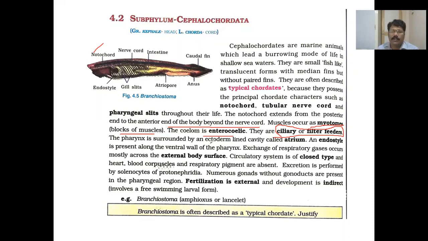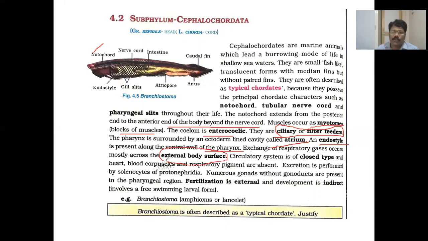And pharynx is surrounded by the ectoderm and lined by the cavity called the atrium. And here also we can see an endostyle present in the ventral side of the pharynx. And most importantly, the exchange of respiratory gases occurs through the external body surface.